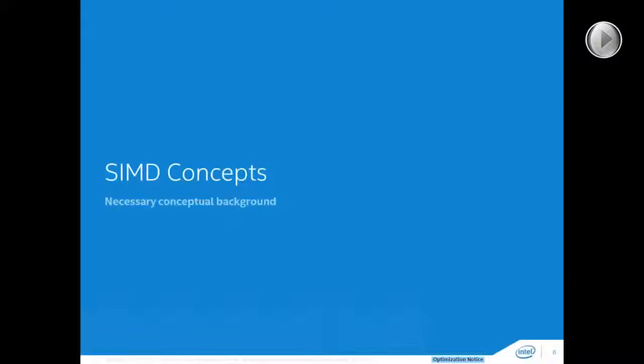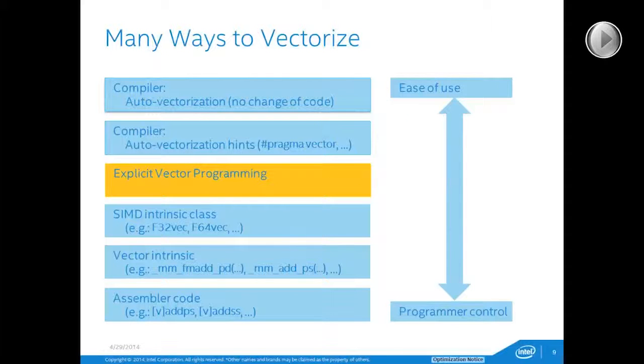So I want to lay out a few of the SIMD concepts before we get into the implementation details. This is a conceptual framework that you need before proceeding. So first of all, many of you may be familiar with the compiler's ability to auto-vectorize loops, and that's great technology. I mentioned earlier that the compiler is unfortunately limited by the serial semantics of the language that it encodes for.